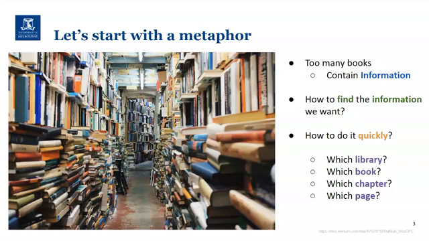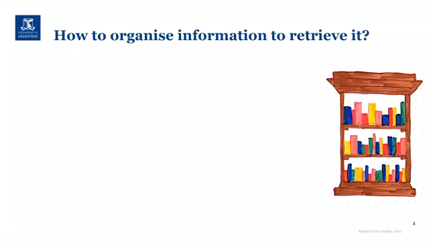How do we go from a given piece of information to its location and its content as quickly as possible? This has to do with indexing. So we will use this book library information metaphor throughout this lecture. Basically, the question is how to organize information efficiently in a way that we can retrieve it quickly.